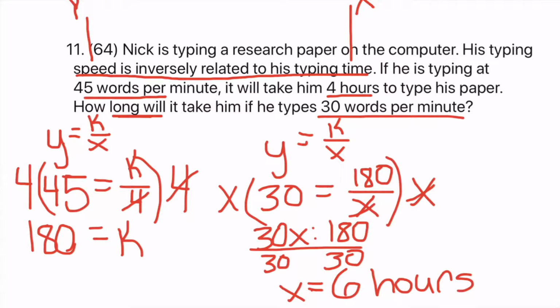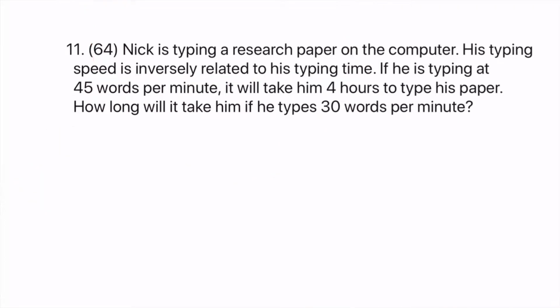So that is one way to do this problem. There is another way that I am also going to show you. So with inverse operation, you can also set up a problem using x1 times y1 equals x2 times y2.